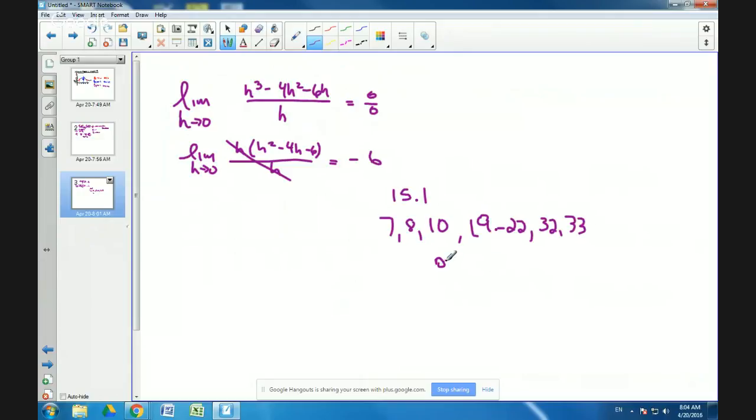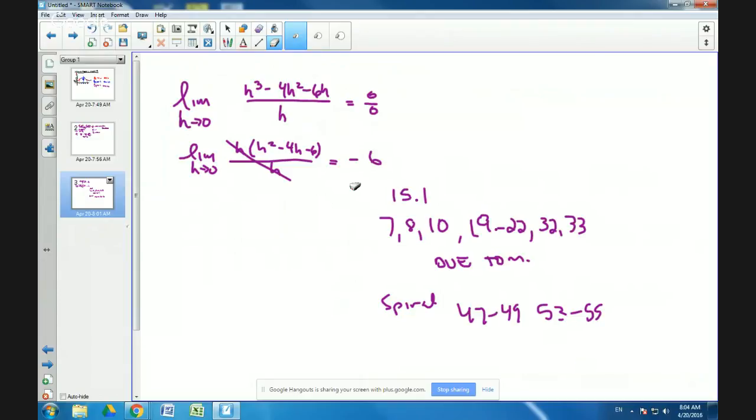Okay, this is due tomorrow. If you want to start on it, and then we could just go on into today, but this is not going to be due until Friday.